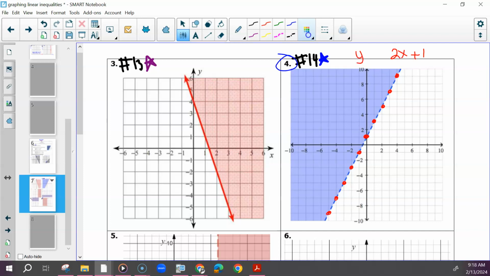This is dashed. Would this be shaded above or below? Above. So which symbol would that be? Strictly greater than. Okay. Questions on that one?